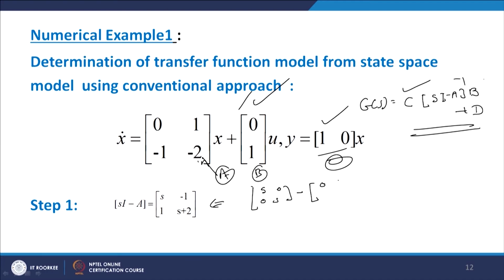A is [0 1; -1 -2]. So you see it, s minus 0 is s, then here 0 minus 1 is minus 1, then 0 minus of minus 1 is plus 1, and here s minus of minus 2, that is s plus 2. So now we have got sI minus A.